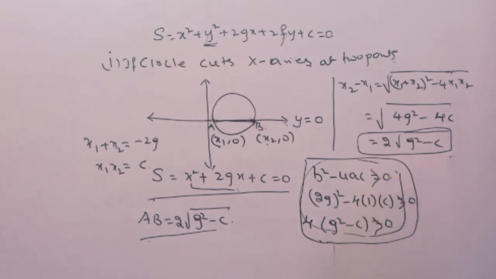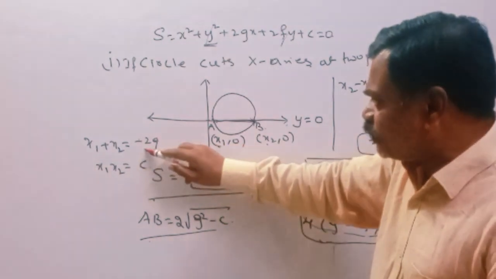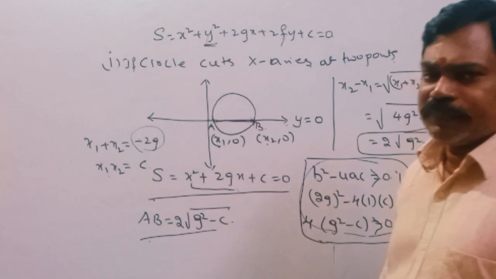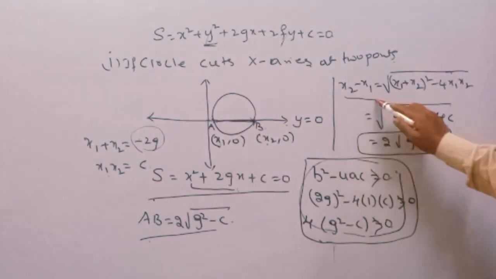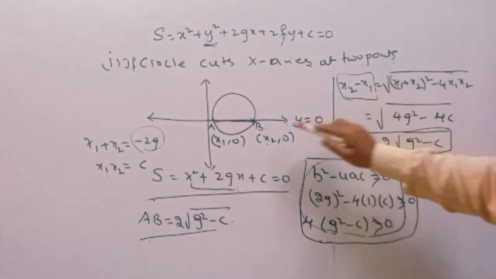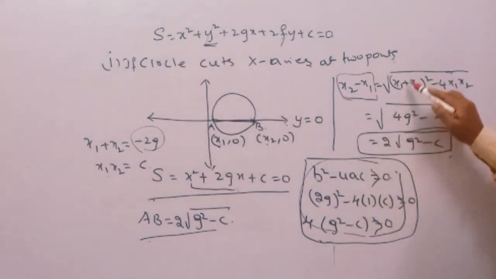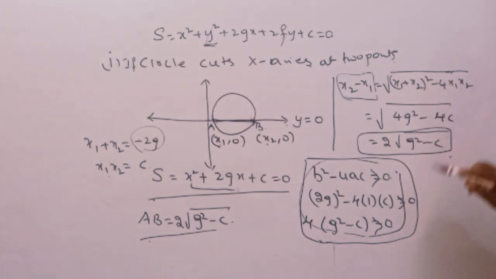Then you see the sum of the roots x1 plus x2 is equal to minus 2g, and the product of the roots is c. Then x2 minus x1 gives the x-intercept, that is equal to root over ((x1 plus x2) whole square minus 4 x1 x2).